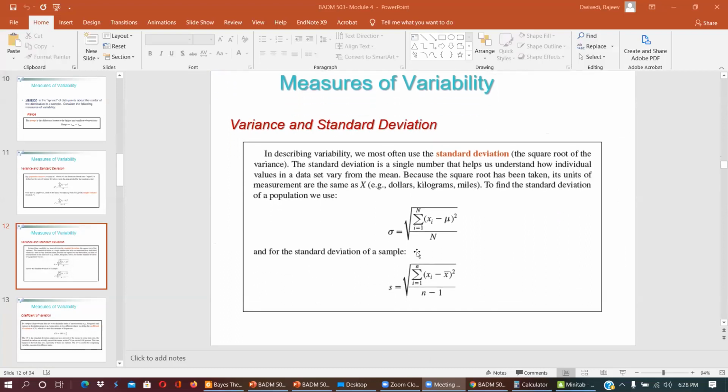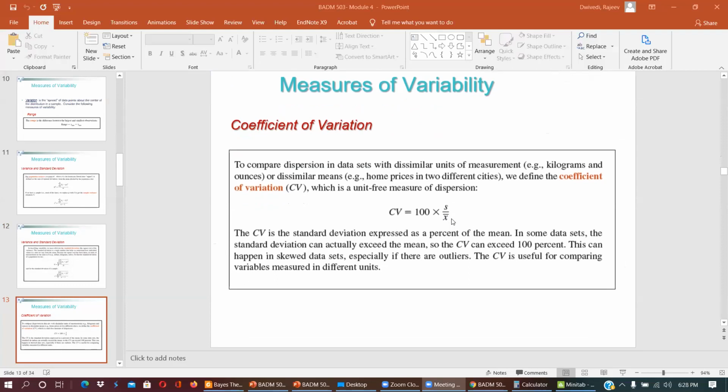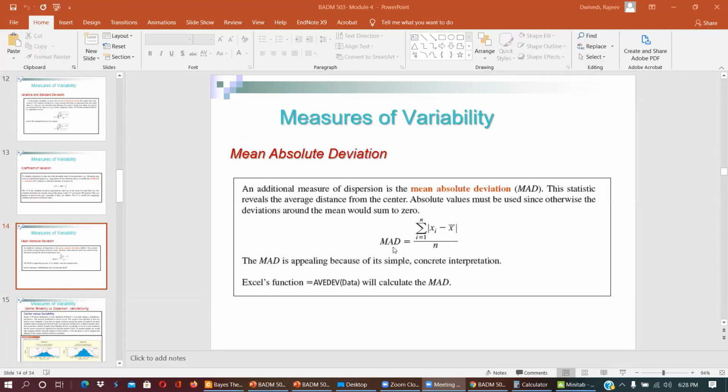Now look into the coefficient of variation, which is 100 multiplied by s divided by x bar, where s means sample standard deviation and x bar means sample mean. This is called mean absolute deviation, equal to this divided by n. So what is the mean absolute deviation that we are going to get in our case here?